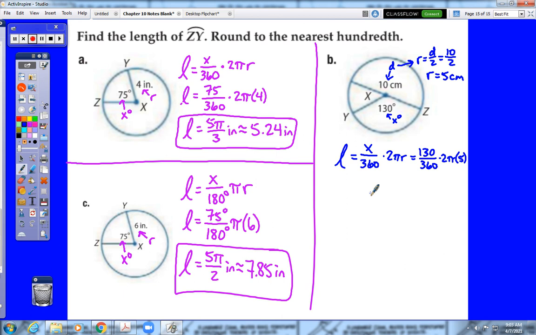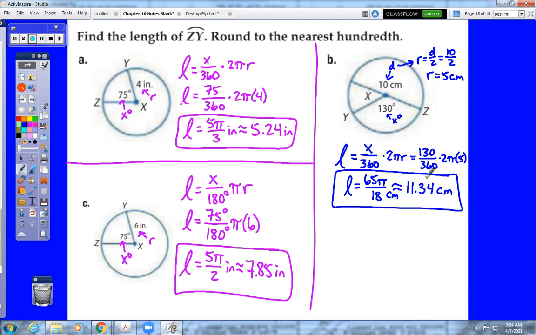Feed that to your calculator. We get an exact arc length of 65 pi over 18. Convert it and round to the nearest hundredth, 11.34 centimeters. I should have said centimeters there as well.